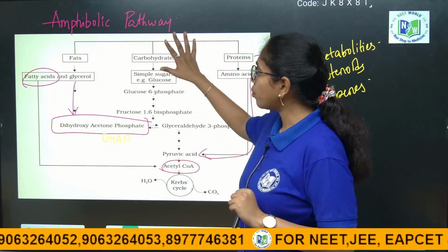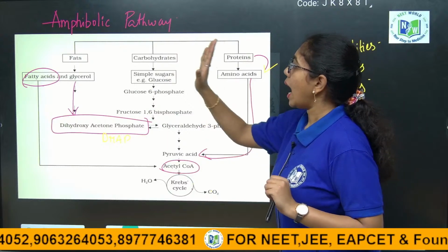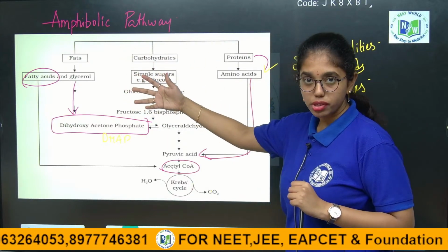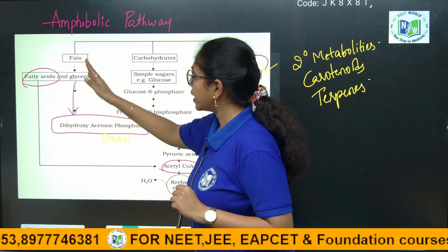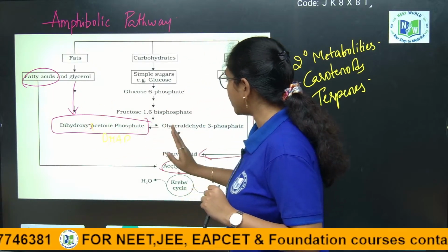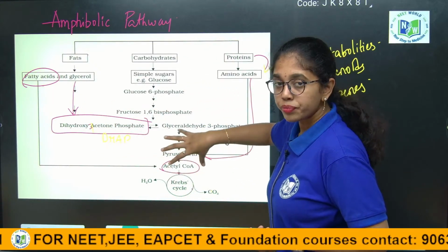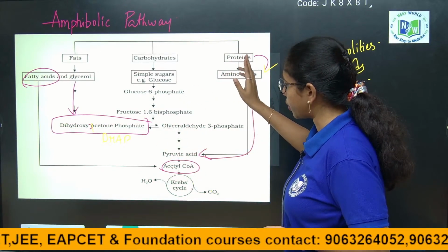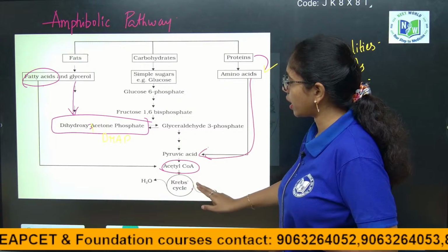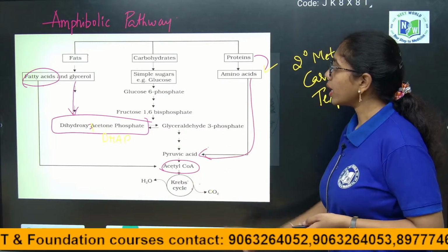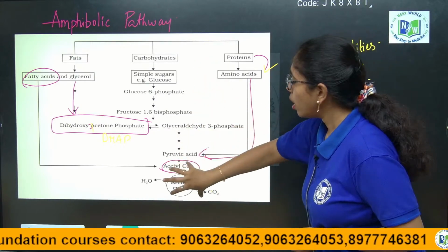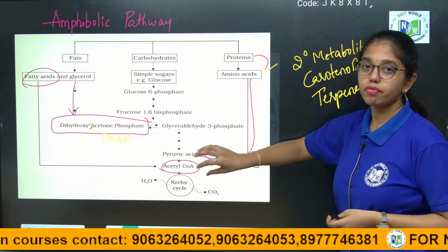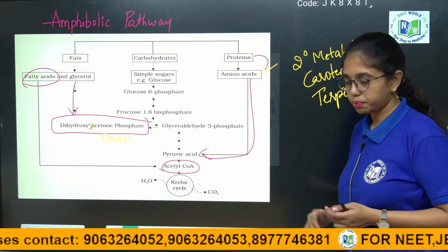And here in the amphibolic pathway, what you have to know is, whatever might be the respiratory substrate, if it is fats, it gets converted to DHAP and then it enters the Krebs cycle. If proteins act as respiratory substrate, they turn to pyruvic acid and then enter the Krebs cycle, okay. As such, the Krebs cycle is common for all the respiratory substrates.